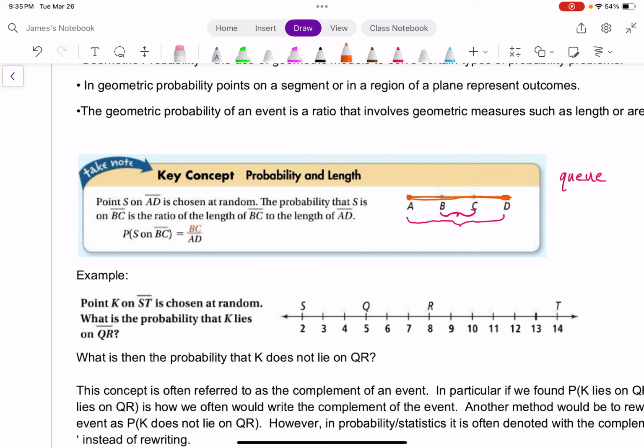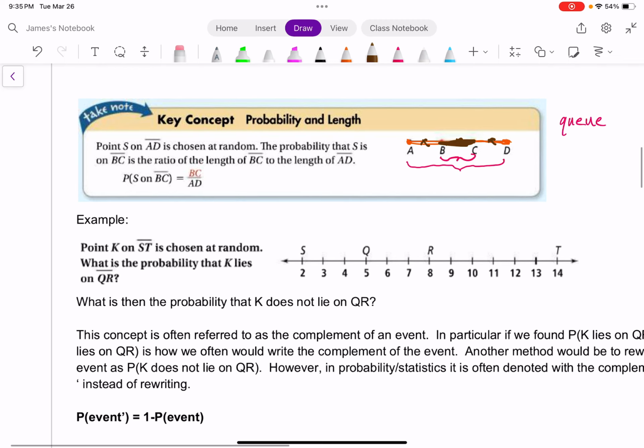If your dart has to hit somewhere on this line, what's the probability that it falls on BC? Well, that would be the length of BC compared to the length of AD.